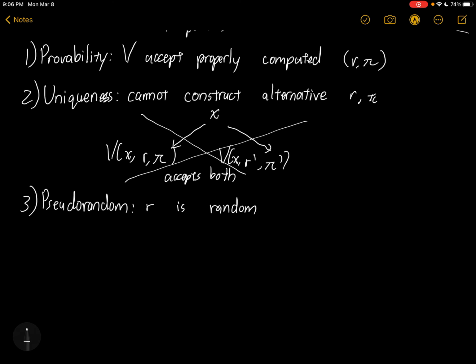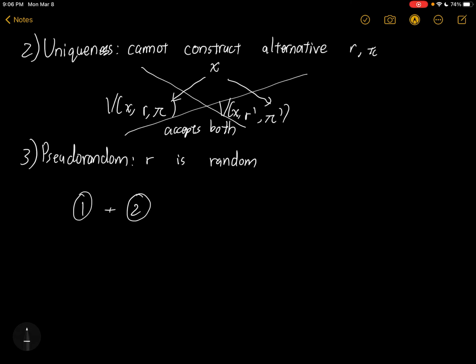Something to think about is if we just consider the first two properties of provability and uniqueness, that basically gives us a secure signature scheme. And then if we just consider property 3 in isolation, that is essentially a pseudo-random generator, which is a fancy way of saying a function that outputs random bits.